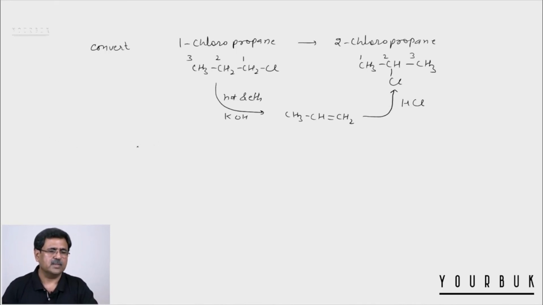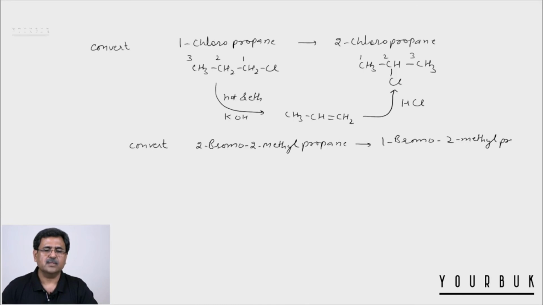Now we take one more example, and this is the second conversion. Convert 2-bromo-2-methylpropane into 1-bromo-2-methylpropane.